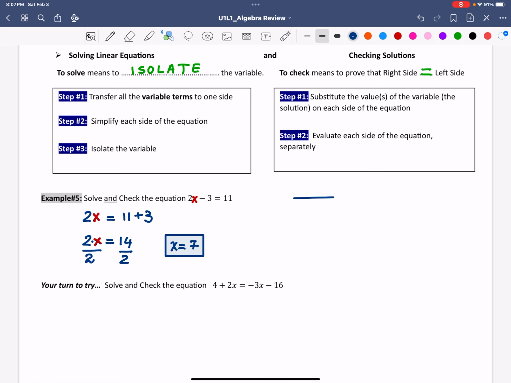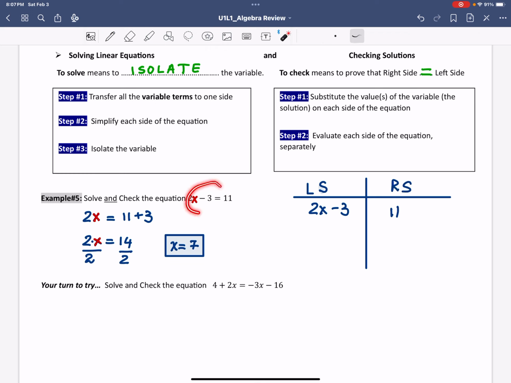So the way I like to do this is by making a t-chart. So on one side of the t-chart, the left side, I will write the left side of the equation, which is 2x minus 3. And on the right side, we have number 11. Now remember, this is a very simple equation, and sometimes it can be a lot more complicated than this. So we are substituting x on the left side, and x is equal to 7.